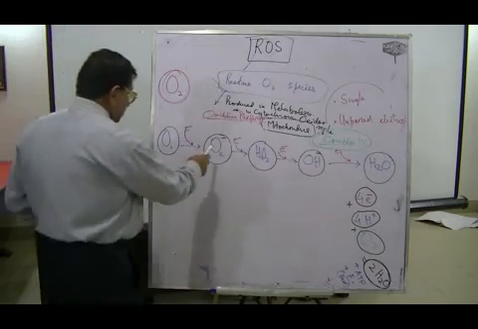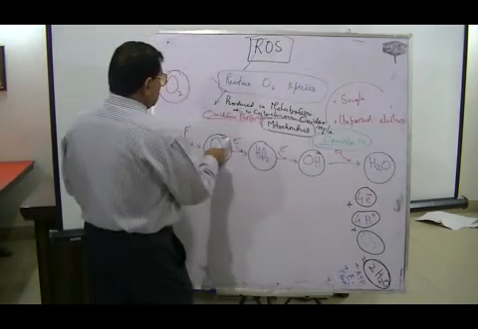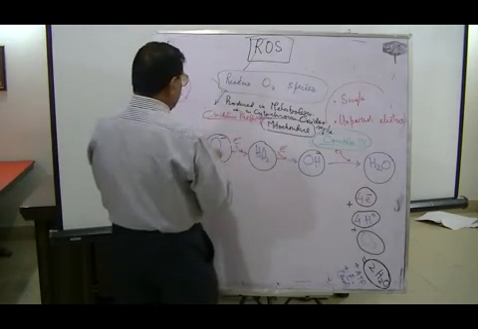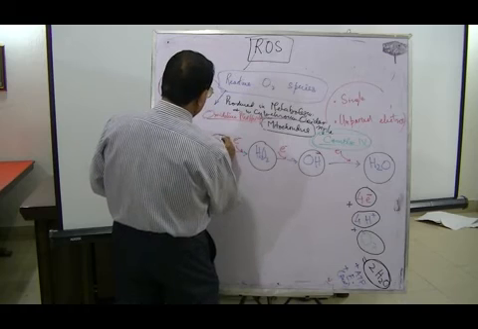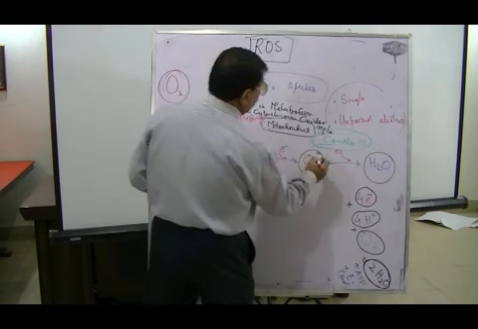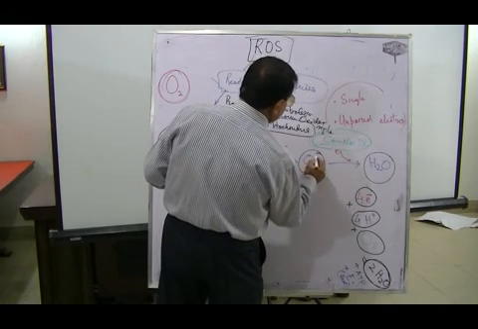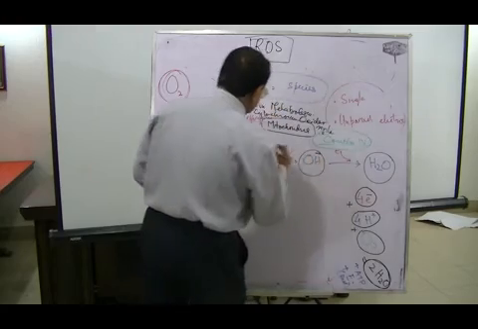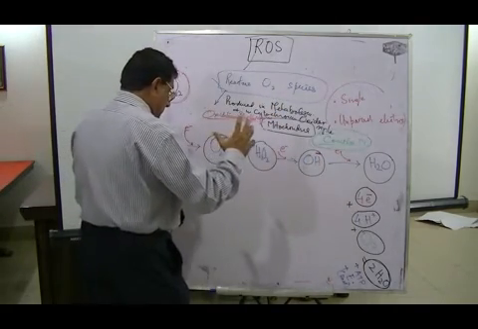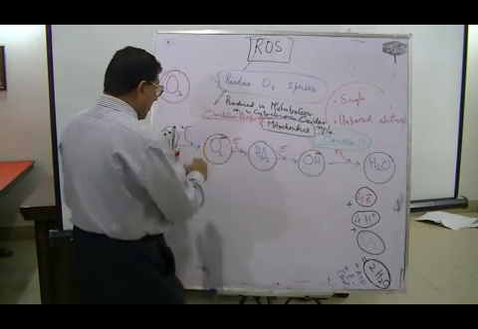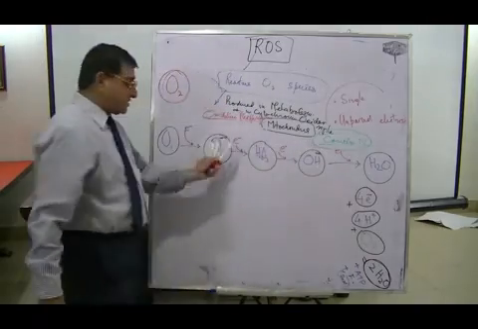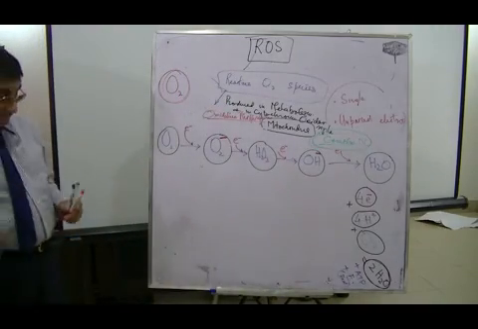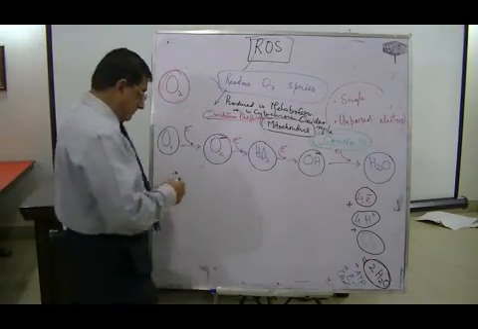Now, each of these, especially superoxide and hydroxyl ion, they are very offensive, they are very dangerous for the body. But the thing is that they are kept bound within this chain, and then they are dealt with accordingly.